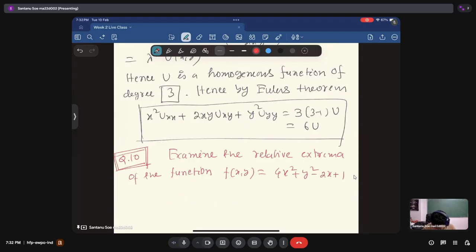Okay, also find the relative extrema value.